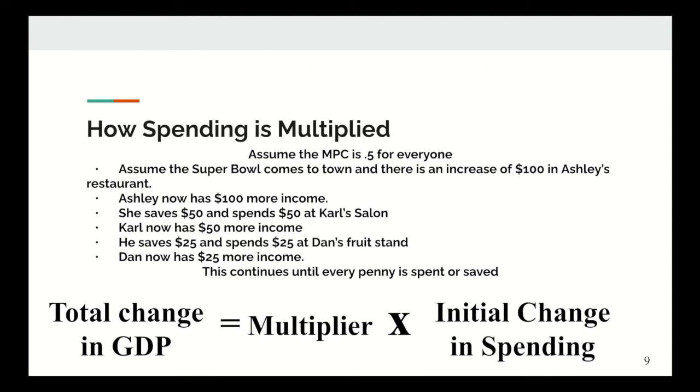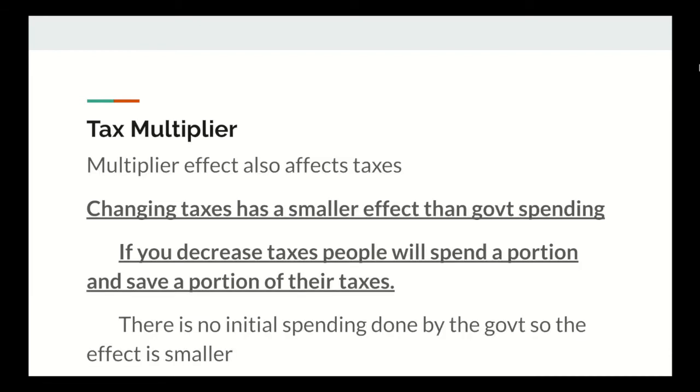Together, the MPC and the MPS have to equal 1. So 1 over 0.5. Half goes into 1 2 times, so our multiplier is 2. Now that we've had this $100 increase in real GDP, we can multiply that by 2 and see the maximum, the total amount that the GDP can increase by is going to be $200.